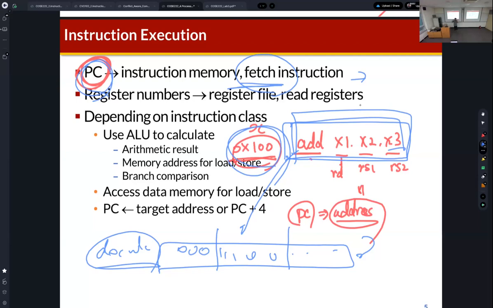And decoding means that the processor figures out which instruction is in this machine code, and what the destination registers or source registers are. So this process is called decoding.